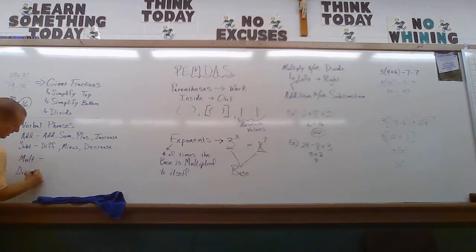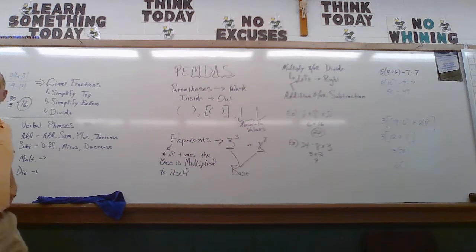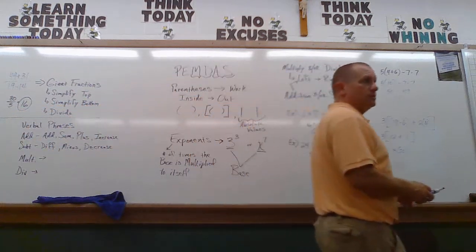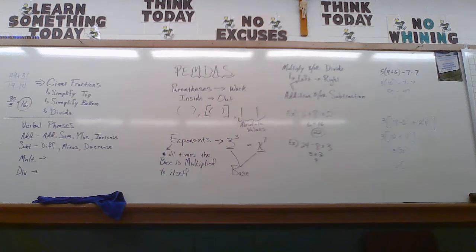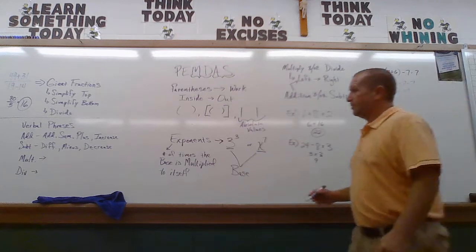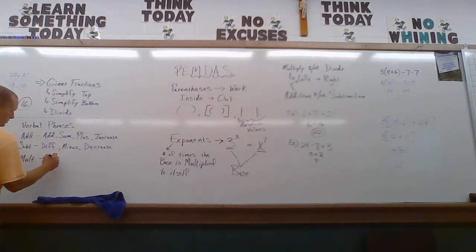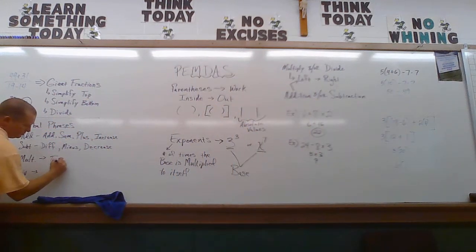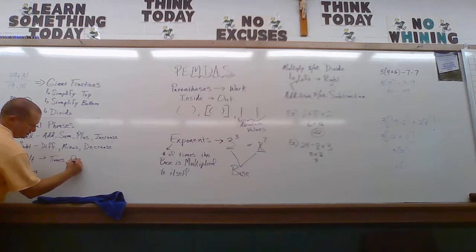Obviously, we could say multiply and divide, but what else tells you to multiply? What words tell you, hey, you got to do multiplication? Times. Exactly right. What's the answer to multiplication? Product. The product. Perfect.